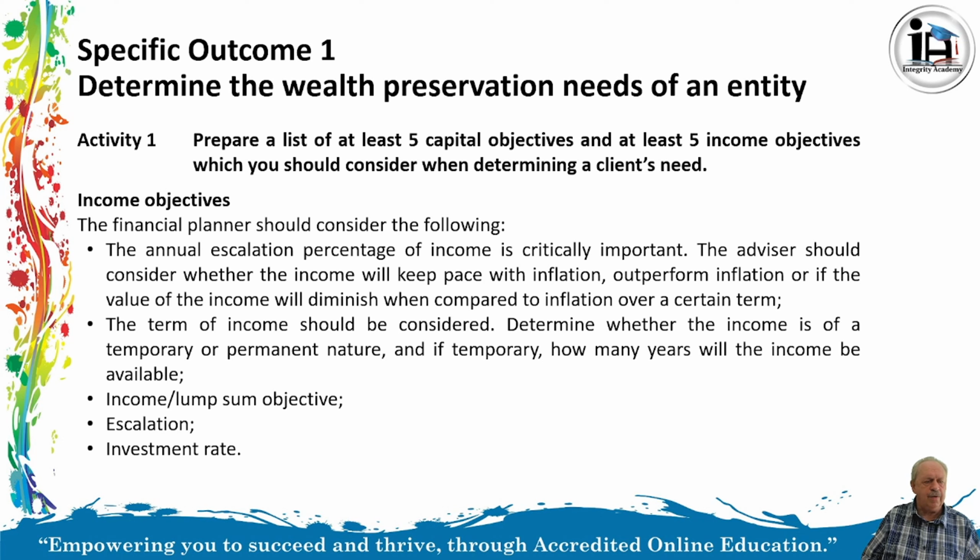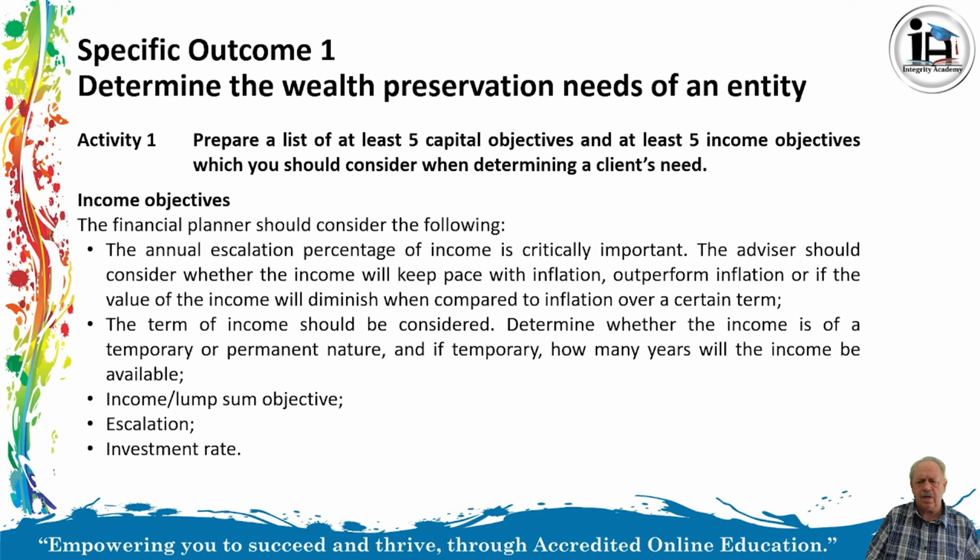The term of income should be considered. For how long must this money be paid out? Determine whether the income is of a temporary or a permanent nature, and if temporary, how many years will the income be available? Income or lump sum objectives: what are the objectives of the client? How much does he need?